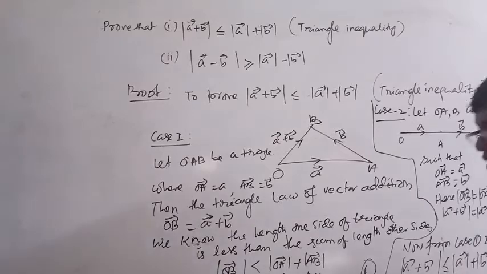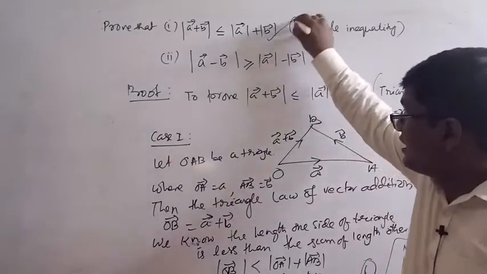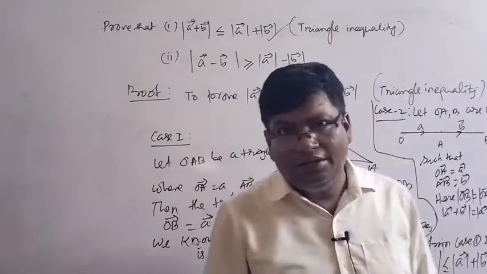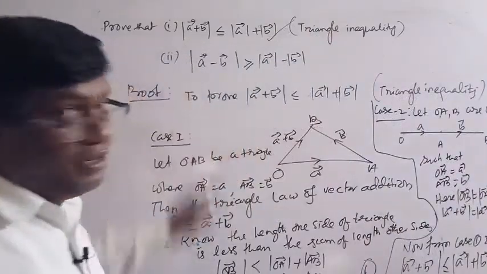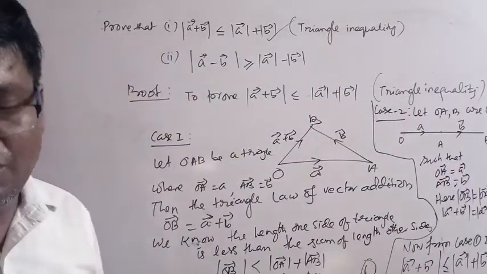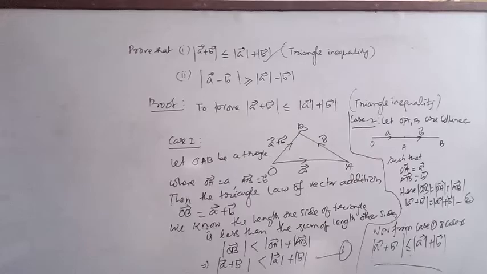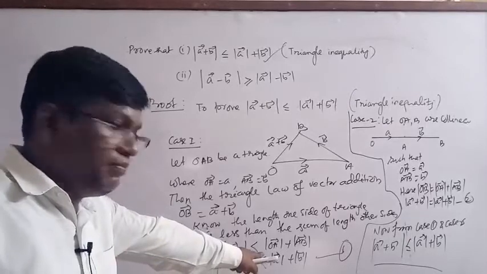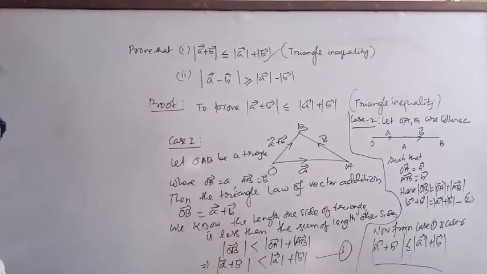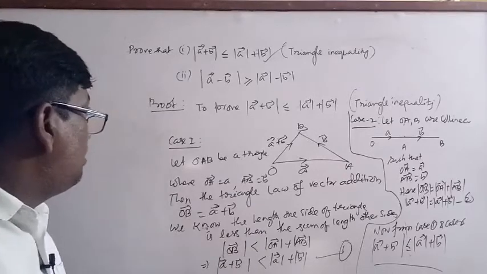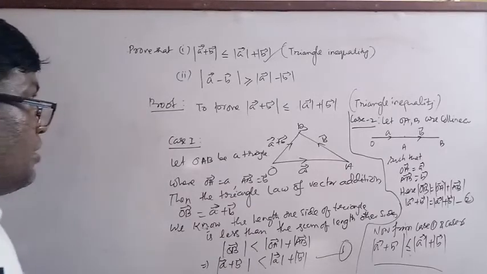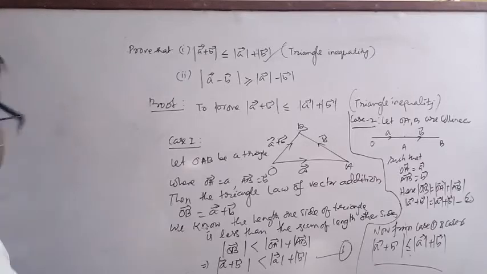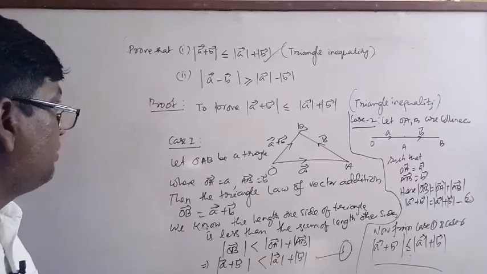So the first one, the triangle inequality, is proved. Now how to prove the second part? That is, the magnitude of A minus B is greater than or equal to the magnitude of A minus the magnitude of B. These are vector quantities and magnitude is always a scalar quantity.